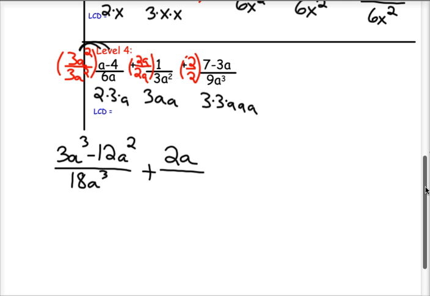2a times 3a squared. Now, actually, if you notice, I inadvertently made a mistake here. Because that 3, not only is it missing the 2 from the a, it's missing an additional 3 from the 9. So it's missing a 2, a 3, and an a. So actually, if you would go back, fix that to be a 6, please.